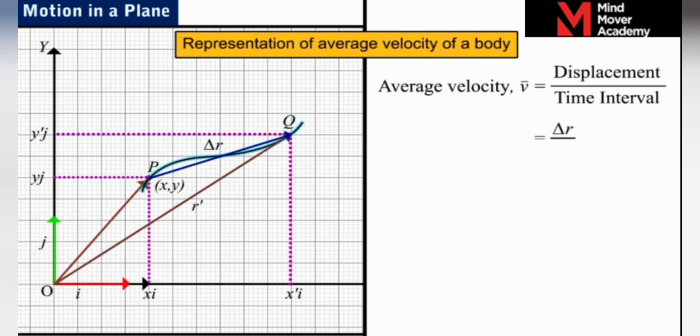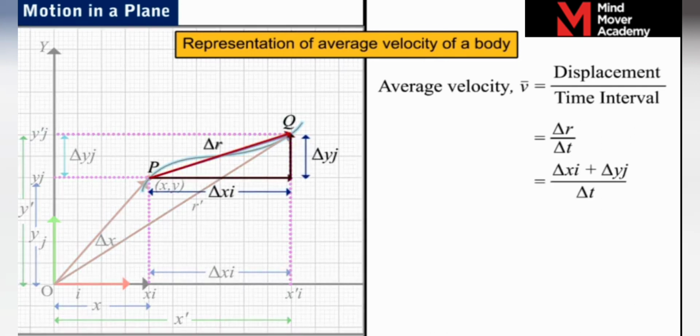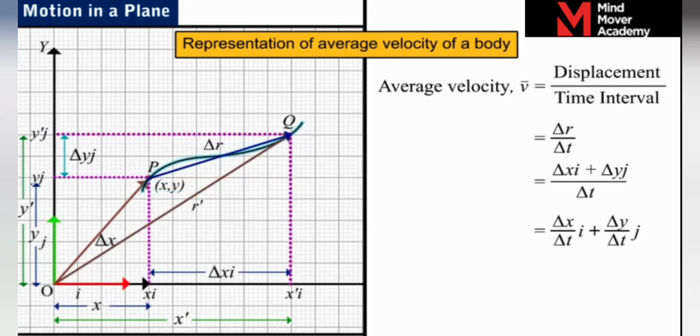Here, displacement is delta r and the time interval is delta t, as shown in the figure. Delta r is substituted by delta x i plus delta y j. On simplification, we get v bar x i plus v bar y j. The direction of the average velocity is the same as that of delta r.